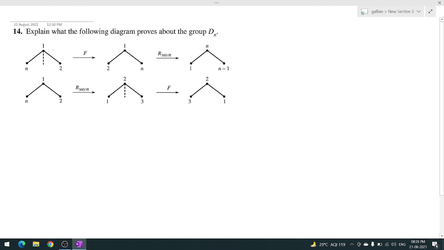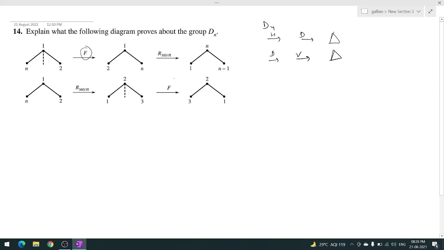Next. Explain what the following diagram proves about the group DN. We just saw about D4 that we went towards two different sides and arrived at two different results. But here it's something different. Here we did H and D and we did D and V, but here it's quite a different stage.